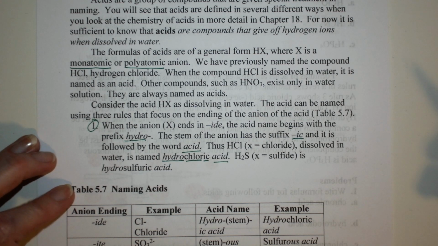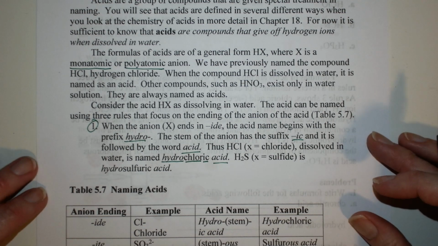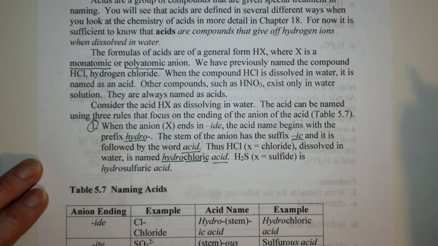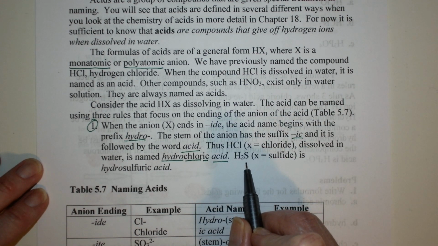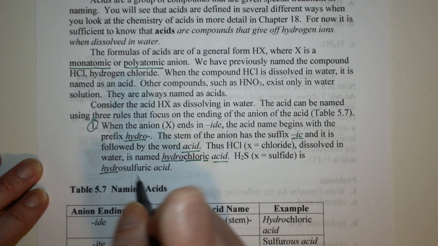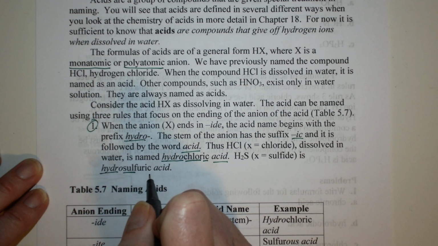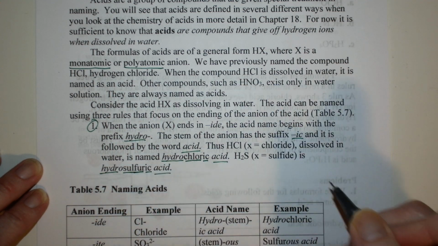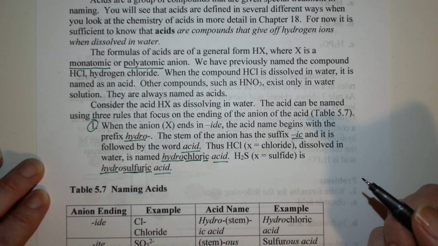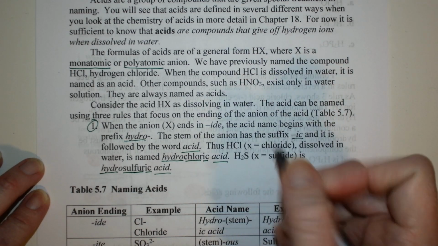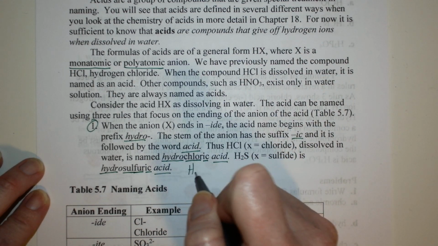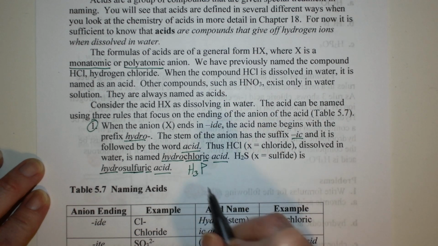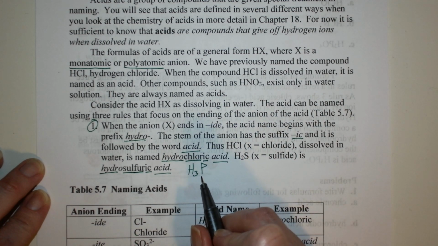Some of these are a little bit tricky, like anything that has sulfur in it or phosphorus, because the root of sulfide is sulfur. It's not sulf. So you wouldn't call this hydrosulfic acid. We call it hydrosulfuric acid. So that one's a little tricky. Same thing with H3P.